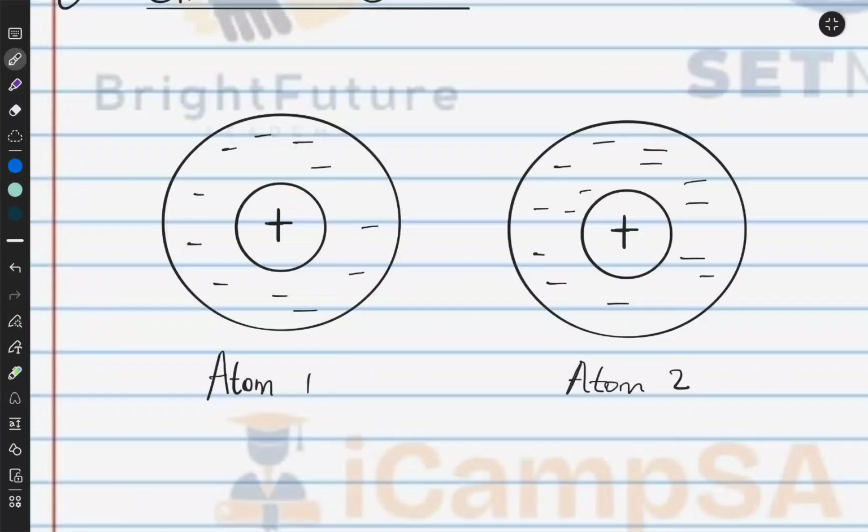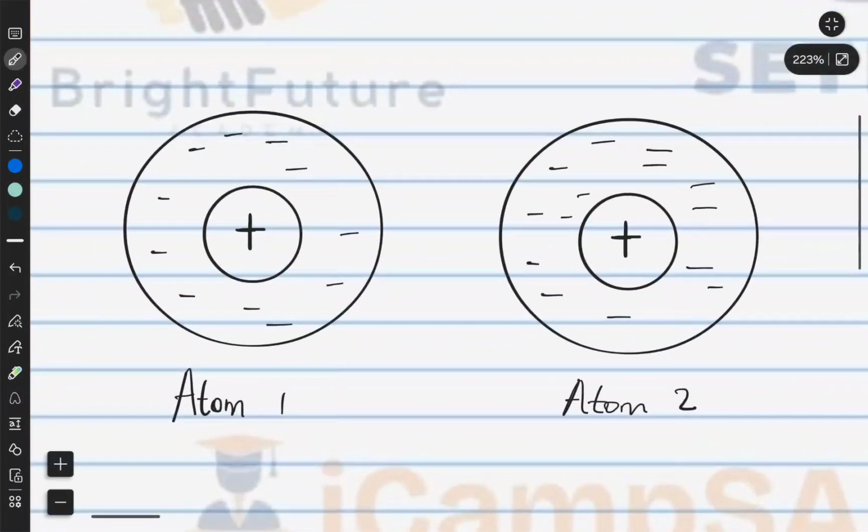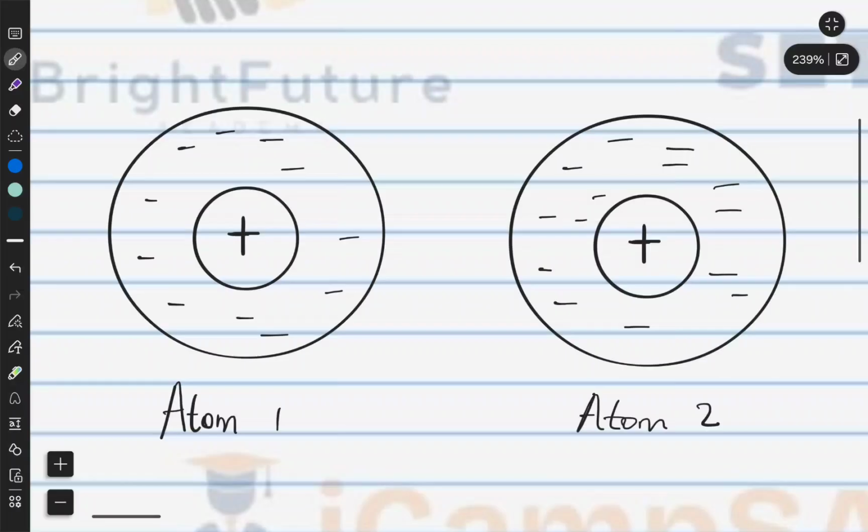So when we put these two atoms next to one another to achieve what we call a stable state, there will be forces of both attraction and repulsion between the two atoms. So how does that work? Let's focus on the nucleus first.